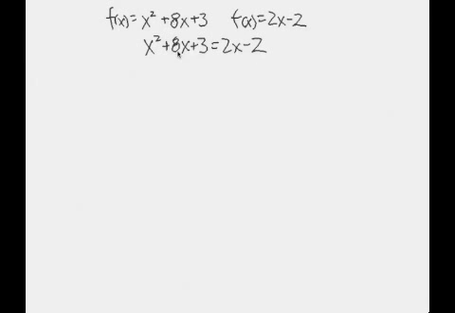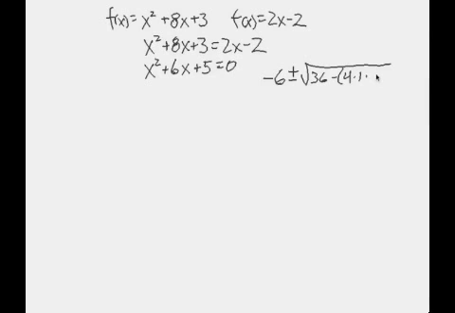All right, get everything in the left side, so I'm going to be subtracting 2x, adding 2. So x squared plus 6x plus 5 equals 0. So into our quadratic formula. Negative 6 plus or minus square root 6 squared, which is 36, minus 4 times 1 times 5. All of this over 2.